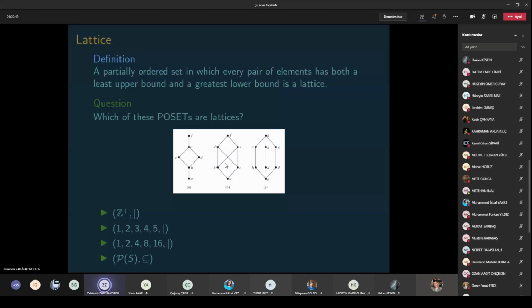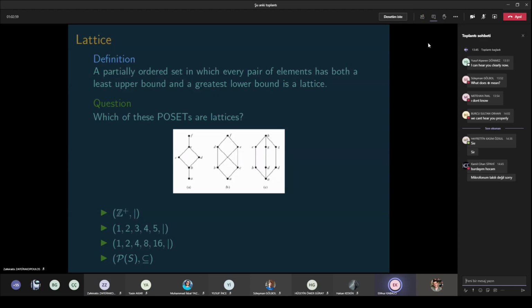I actually gave you the answer earlier. Elif Nur. Sir, which question? If Z plus, the positive integers with divisibility, is a lattice. I think it's a lattice. Maybe. I'm not sure.